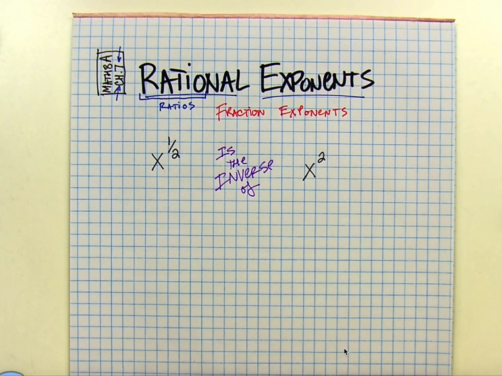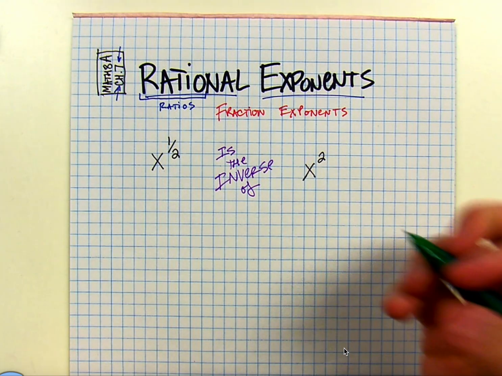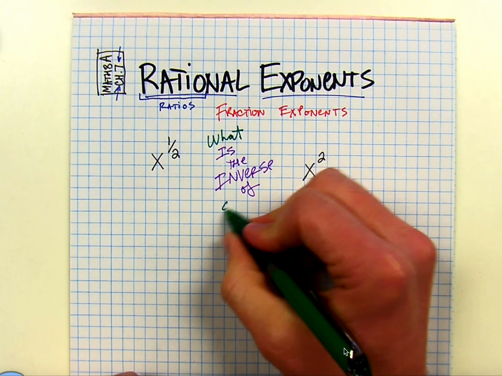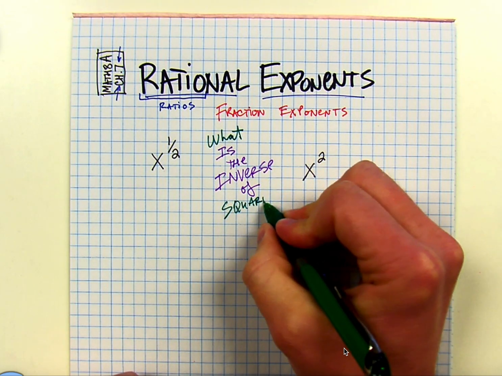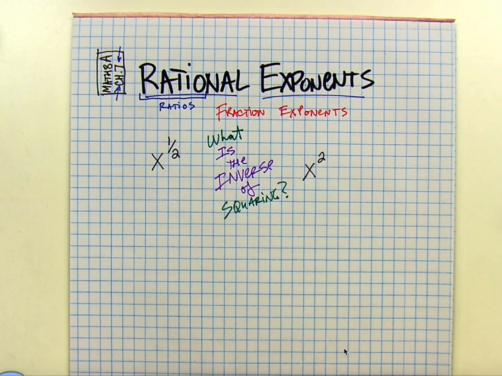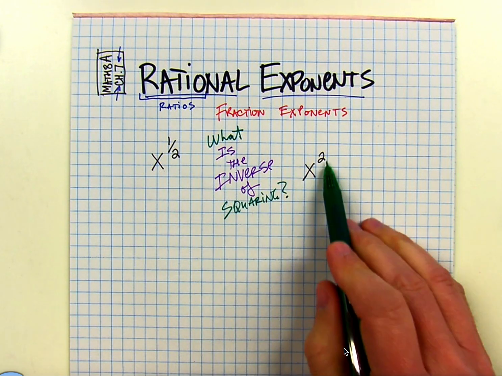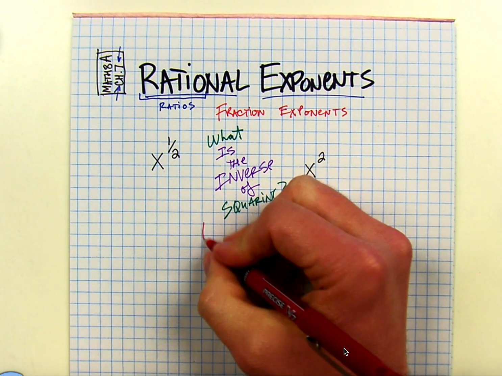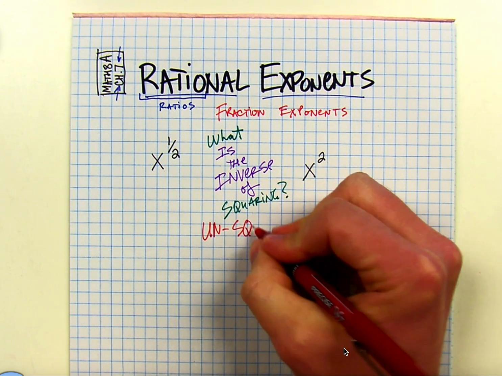So I guess we have to ask ourselves the question, what is the inverse of squaring? And I think you probably know the answer to that question. What's the inverse of squaring something? Well, it is unsquaring.